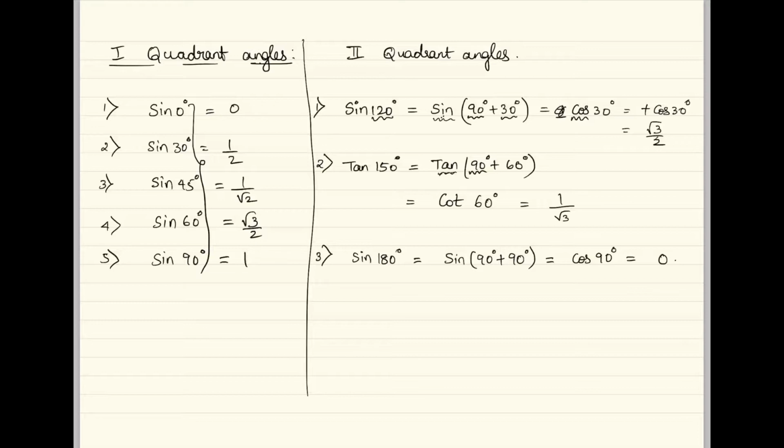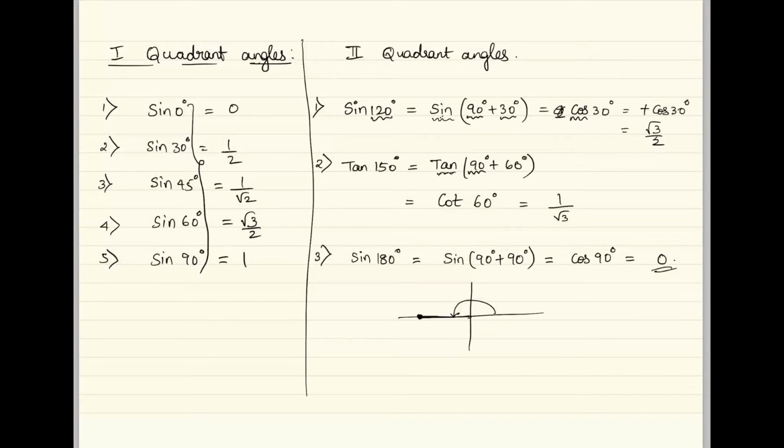Or in the diagram you can see the 180 degree line, and any point you take on this line, the y coordinate is going to be 0. Sin theta is the y coordinate by radius, so sin 180 is 0 divided by radius, that will be 0. So these are second quadrant angles. Now let's go to third quadrant angles.